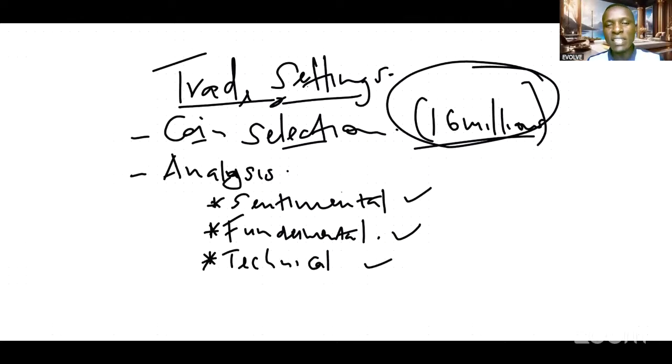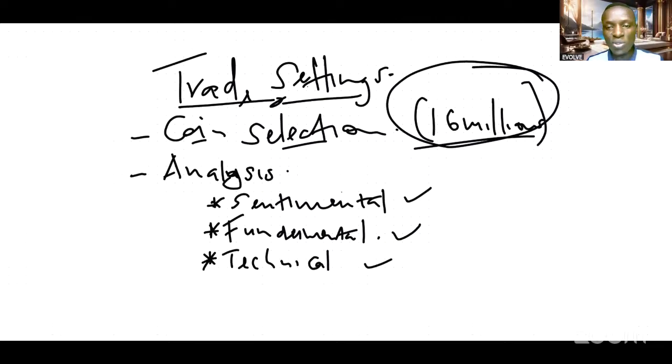What is the sentiment in the market? Are they aggressive? Are they conservative? Are they neutral, indecisive? How is the warmth in the market? That is basically sentimental analysis.